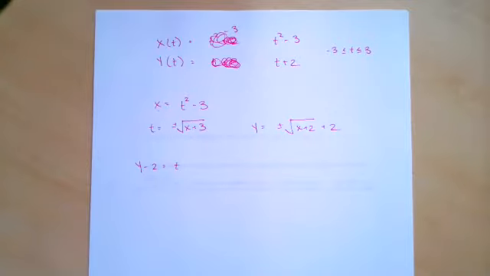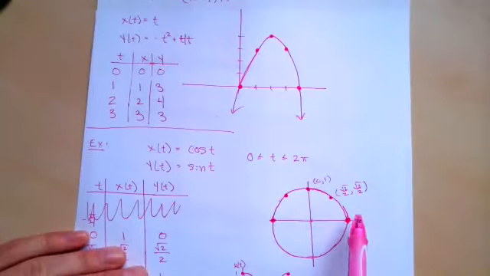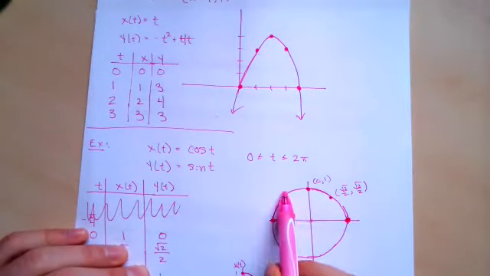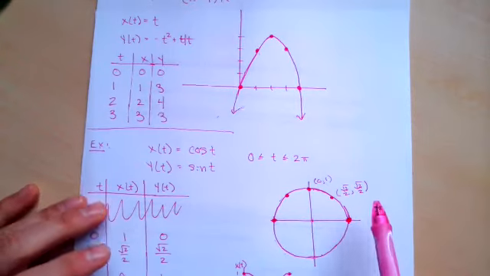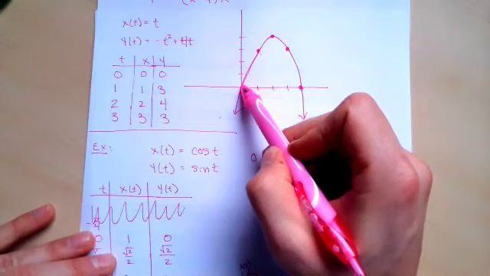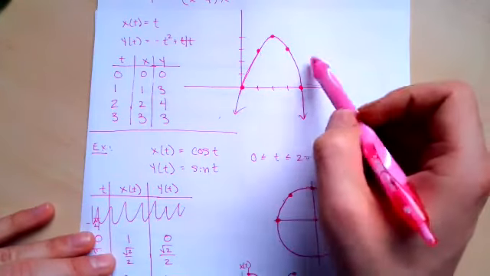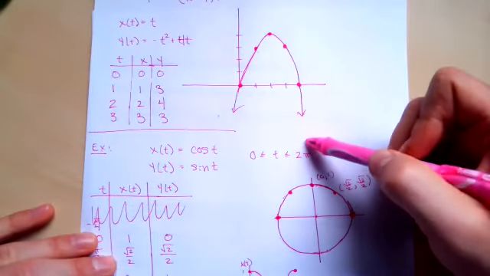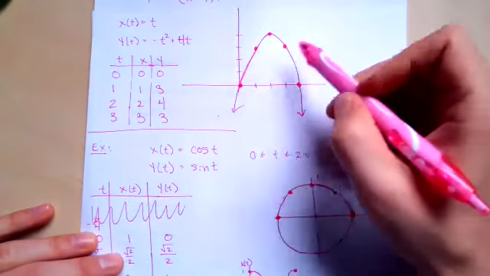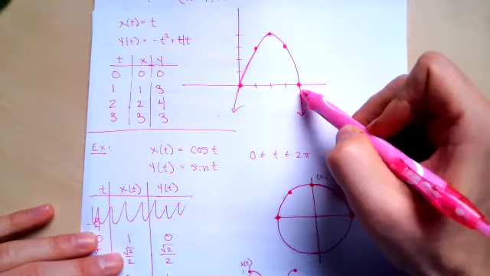In the examples, it's a little hard to see that we were doing that in class, but with our circle, my domain was only 0 to 2 pi, which means I start and end at the same point. If I were doing a parabola, because I specify time as minus infinity to infinity, that's the whole parabola.